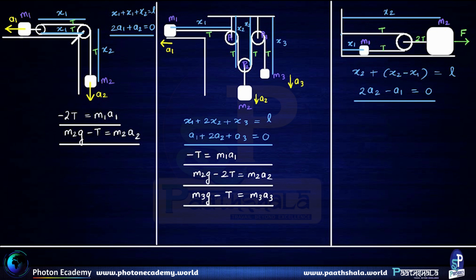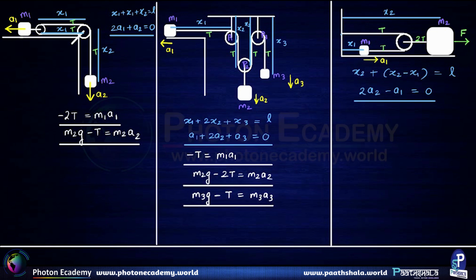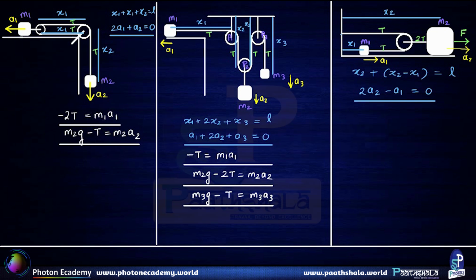So for the mass m1, the acceleration will be a1 over here, and for the mass m2, the acceleration will be a2 over here. You could have taken both the accelerations to be going towards the rigid support as well. We just need to be consistent while solving the particular equation. So all the accelerations will be going away from the rigid support, or all the accelerations will be coming towards the rigid support.